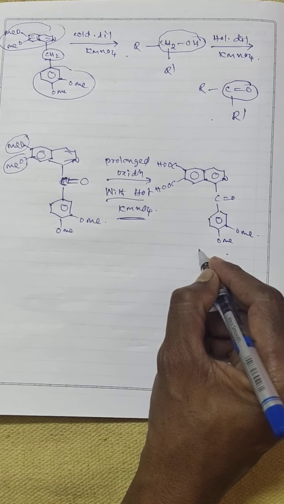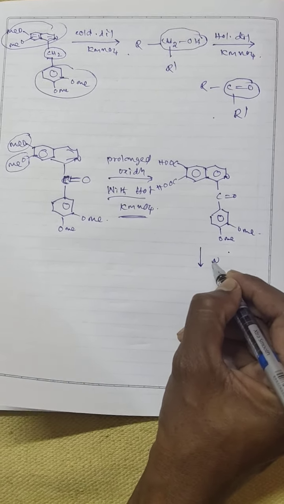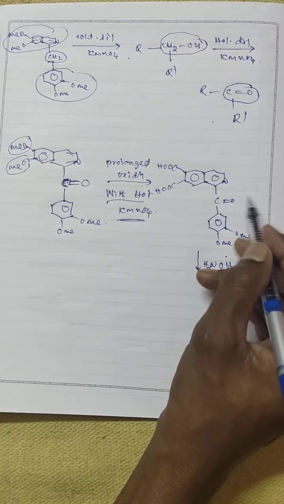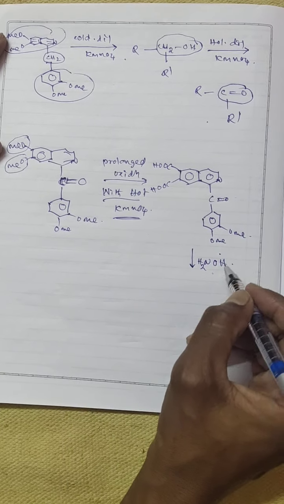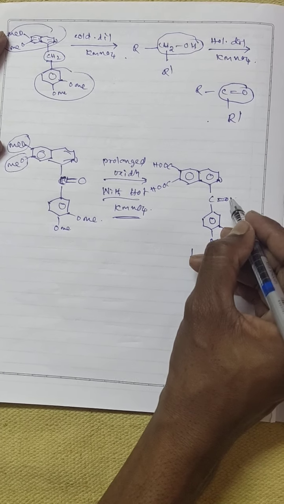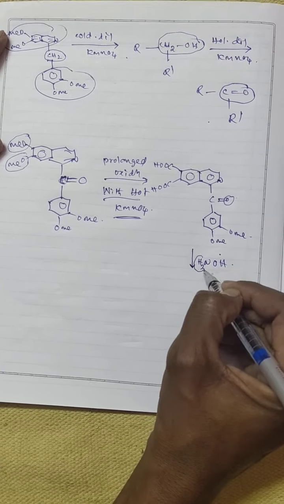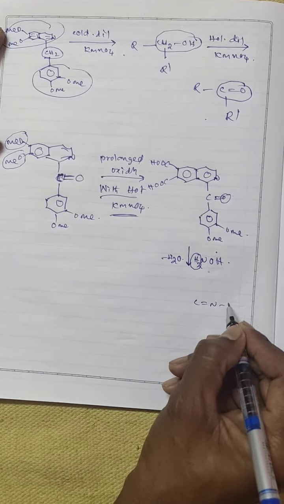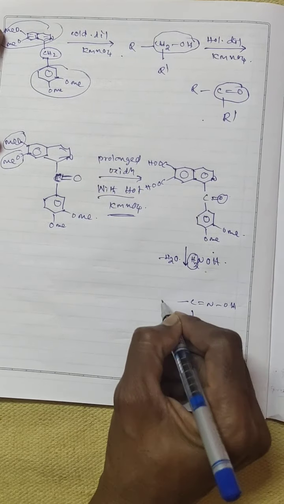Next, whenever it reacts with NH2OH, the keto group converts into oxime, with removal of water, like this.